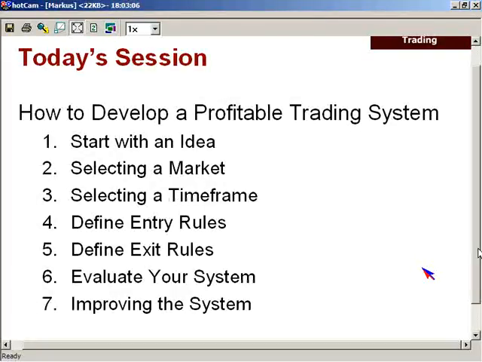We'll need to define the exit rules, and I'll show you the 3 types of exit rules that you need to apply when trading a system. We'll talk about how to evaluate your system and, of course, how to improve the system without curve fitting it if you're not happy with the results that you achieve when evaluating your trading system.